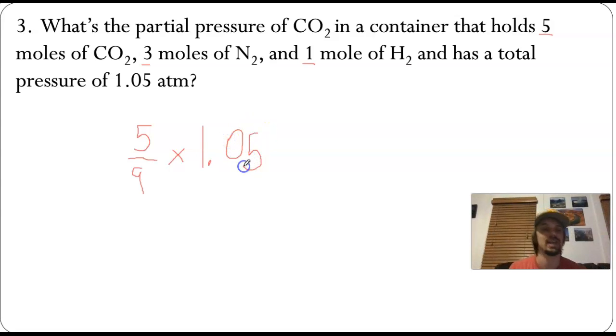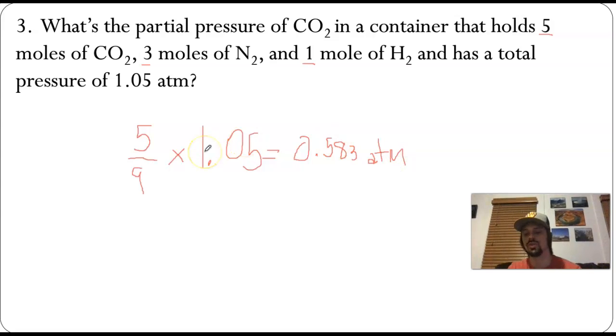And when I take 5 divided by 9 times 1.05, I get 0.58. I'm going to say 0.583 for sig figs. Okay? That would be the partial pressure that is caused from carbon dioxide. It's the fraction of the total that is carbon dioxide, dependent on how many moles there are.